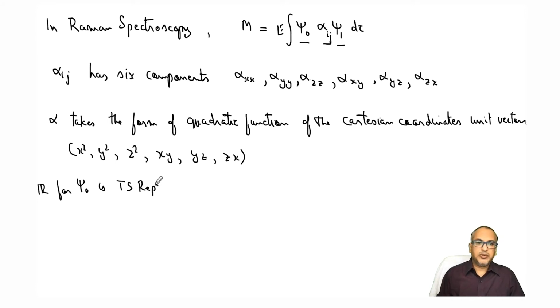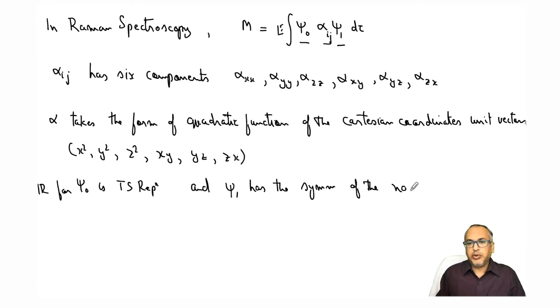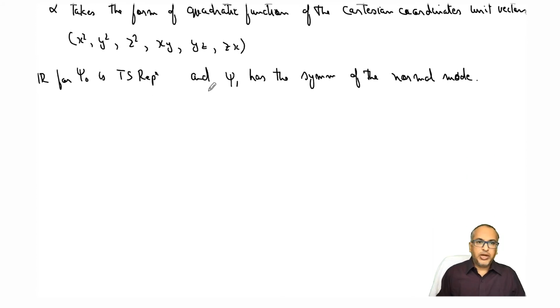And psi 1 has the symmetry of the normal mode that we have already seen, and we are talking about only the first excited state. You can, of course, talk about the second or third excited state if you want to, but let us keep our discussion to the first excited state.